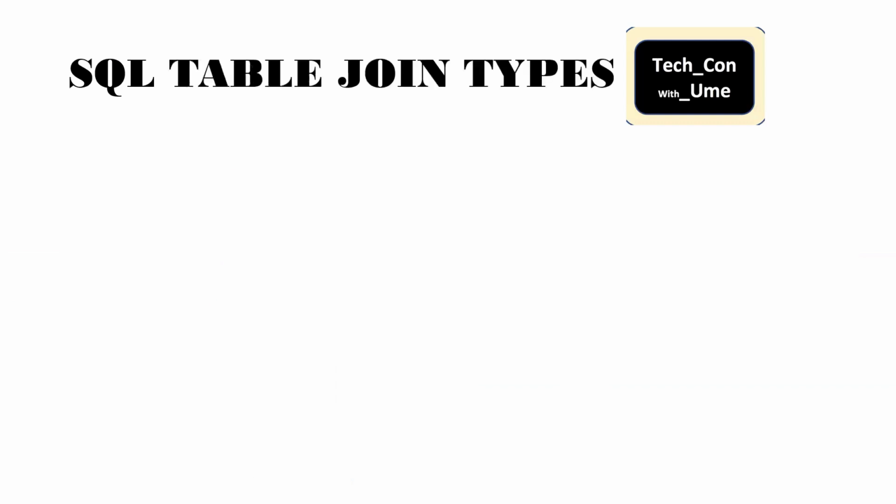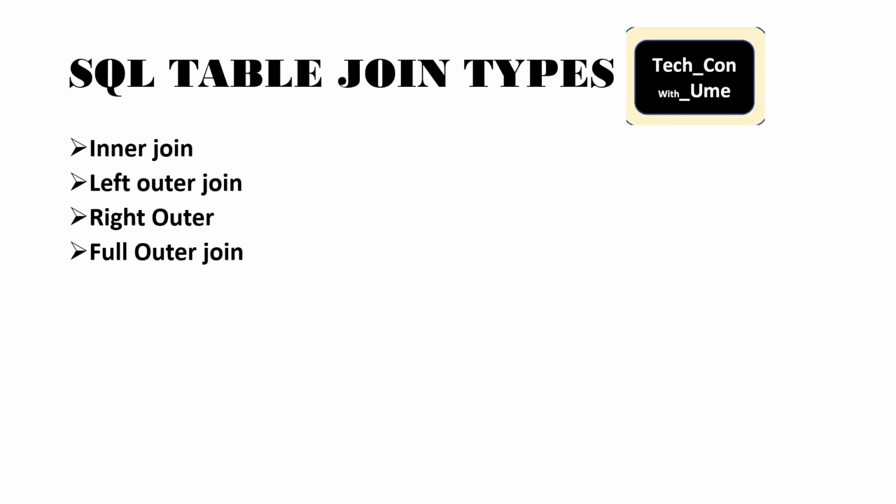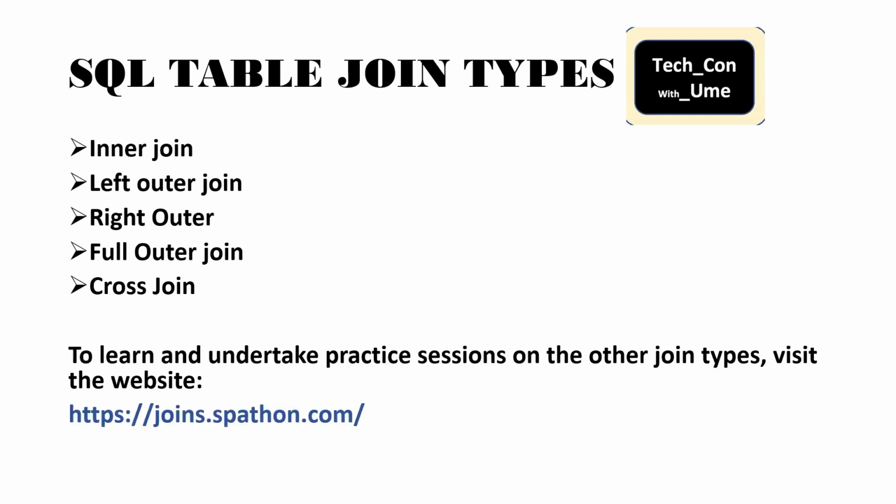Now, we have various types of joins, and these include the inner join, the left outer join, the right outer join, the full outer join, and then the cross join. However, for demonstration's sake, we will focus on our inner join.